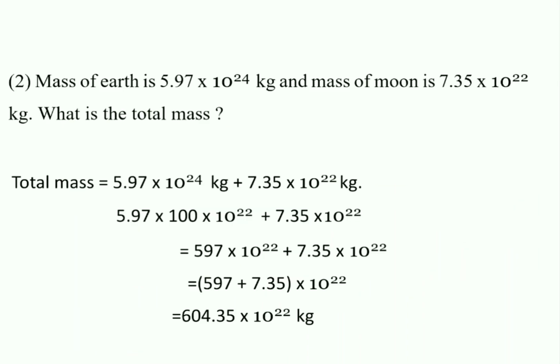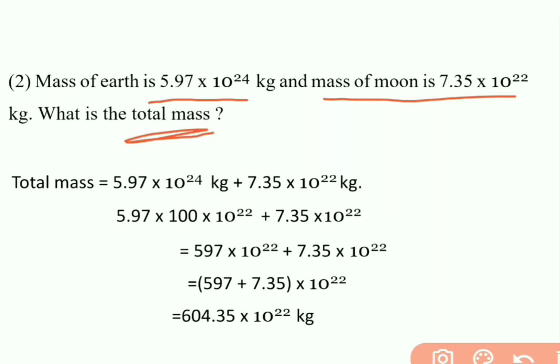Students, our second example is about addition of numbers in exponential form. The example is as follows. The mass of Earth is 5.97 into 10 raised to the power 24 kg, and the mass of Moon is 7.35 into 10 raised to the power 22 kg, and we have to find the total mass, means the sum of the mass of Earth and the mass of the Moon. So let's get started.